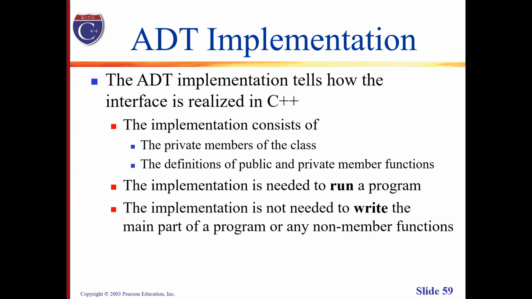The implementation is not needed to write the main part of a program or any non-member function. As we have already mentioned, all that a programmer needs to see is how to use the ADT, what the required input should be, and what the output should be right after the ADT was utilized. In this case, it could be in the form of member functions.